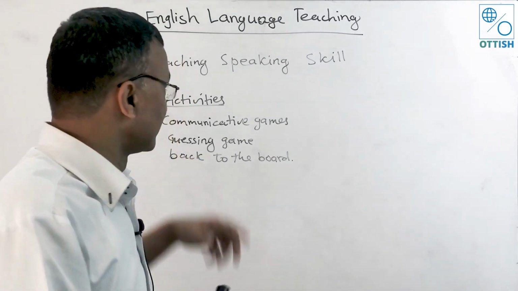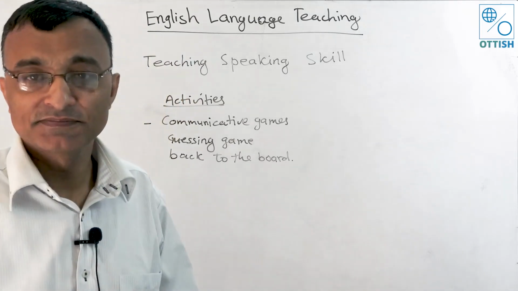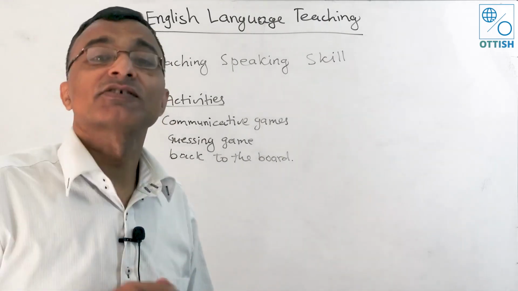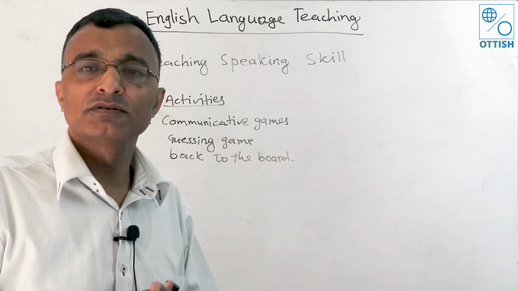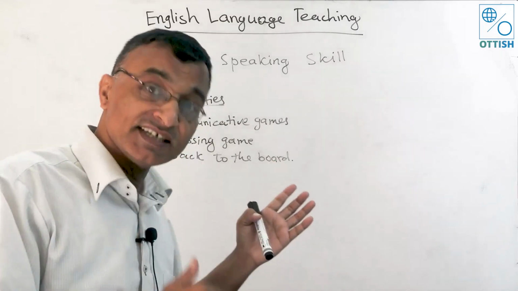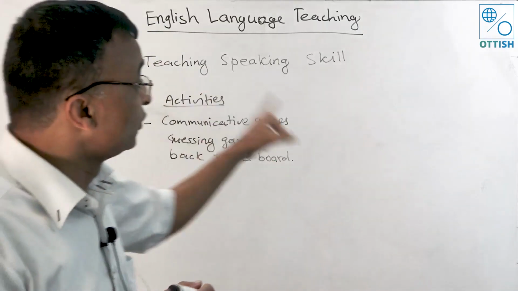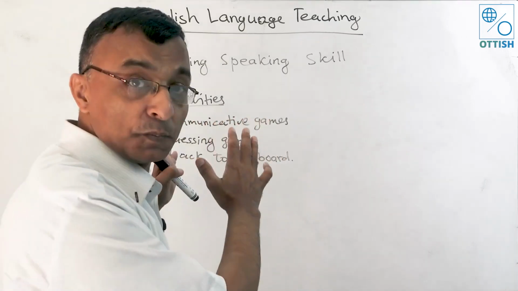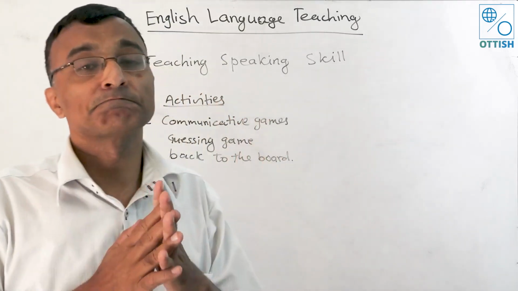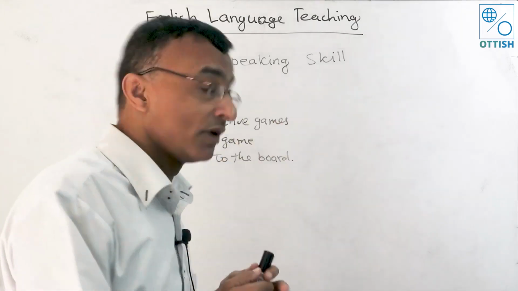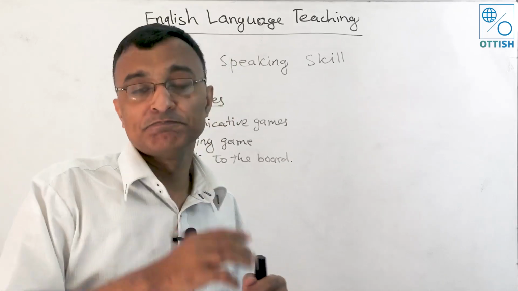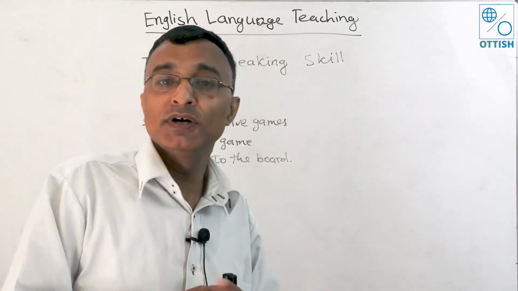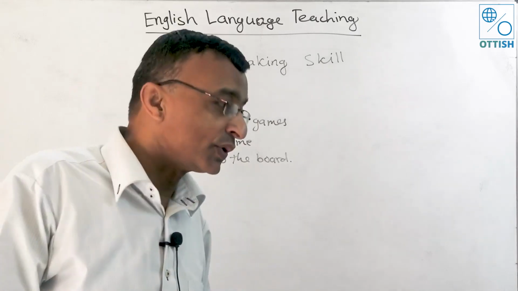The teacher writes a word on the board, and the students have to give instructions without pronouncing the exact word written on the board. For example, if the word book is written on the board, the students should not pronounce the word book, but should explain it, for example: it is something we put into the bag and carry to school.